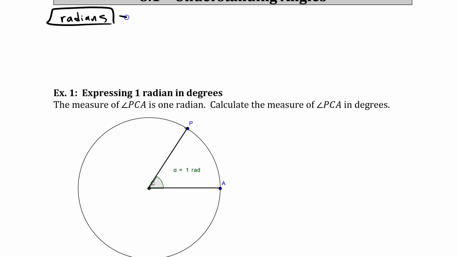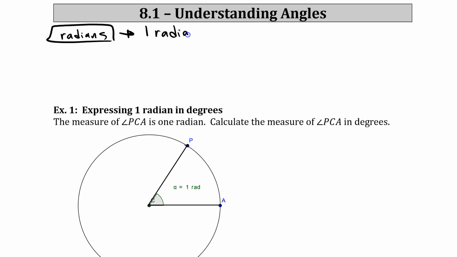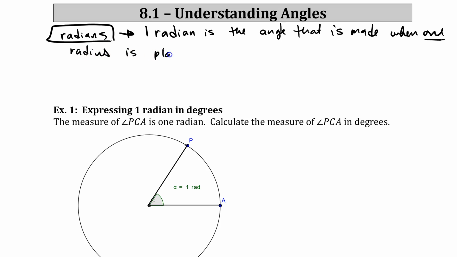So radians, 1 radian is the angle that is made when 1 radius is placed around the circumference, so the outside, of the circle.